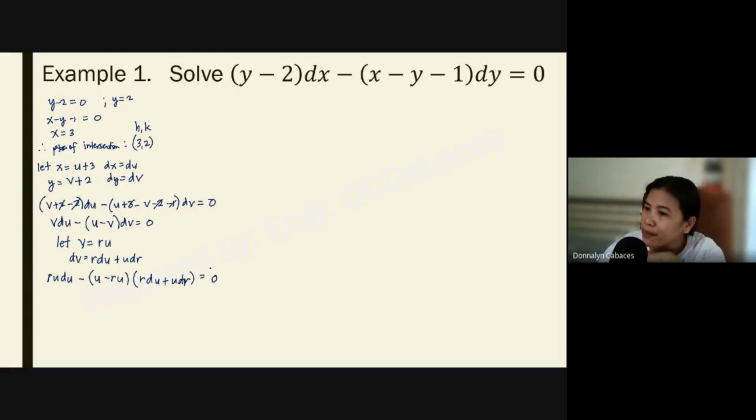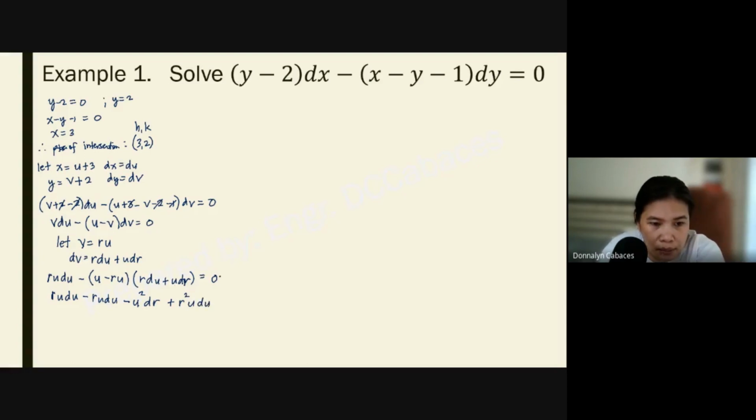Okay? And then we simplify the differential equation. You have here ru du minus u times r du is ru du. Then u times u dr is u squared, times the negative, so minus u squared dr. Then plus r squared u du.